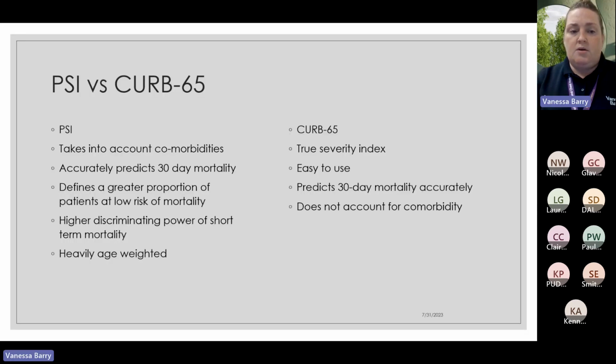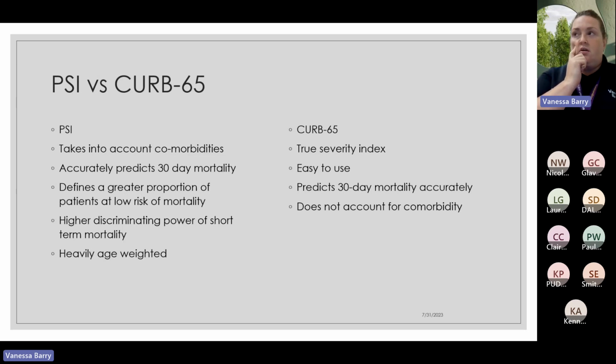Okay. Now, pros and cons of the two. Obviously, PSI takes into account the comorbidities, whereas this CRB-65 does not. It's more accurate at predicting 30-day mortality, and it defines a greater proportion of patients at a low risk of mortality.